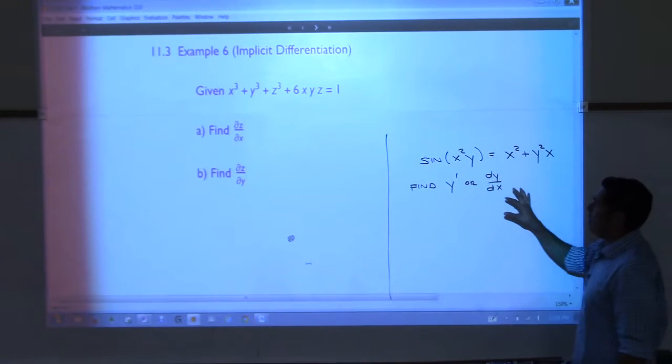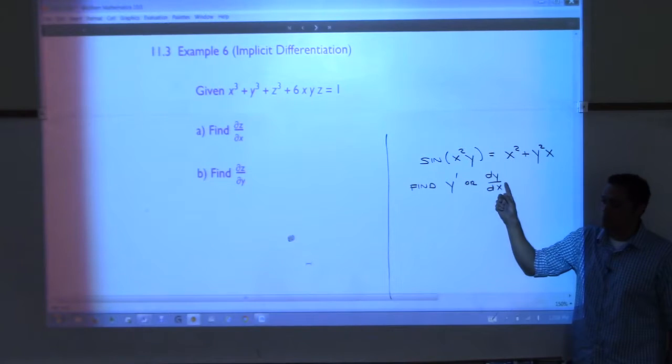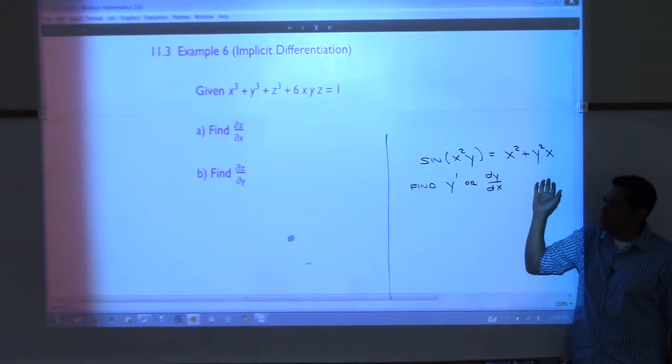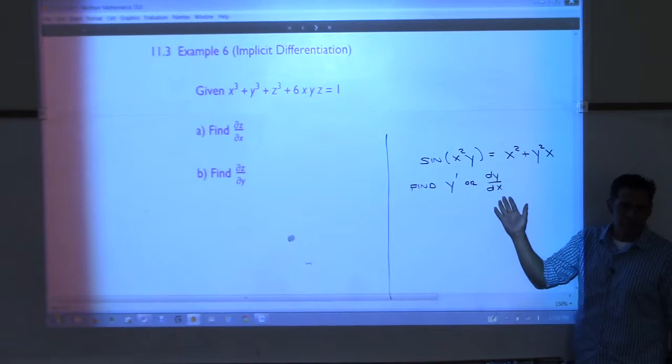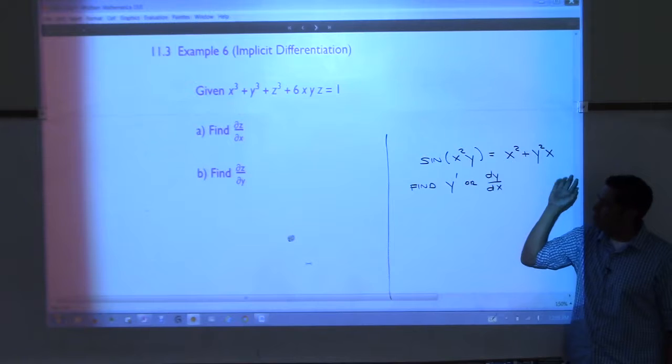So back in Cal 1, if we had this right here and we were asked to find y prime or dy dx, we could not solve for y. You cannot isolate y right now. There's no way to get it by itself. So what we did was implicit differentiation. That means we took the derivative of both sides of the equation with respect to x.